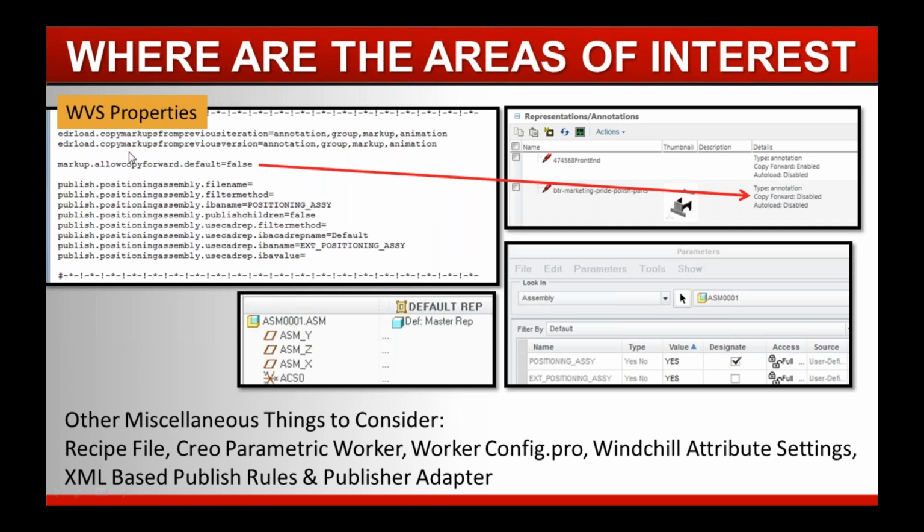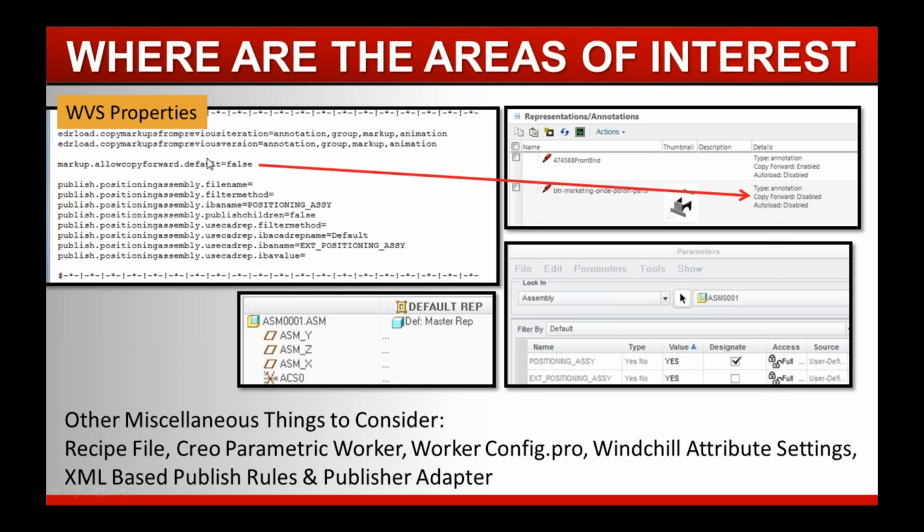And right now, with the current out-of-the-box configuration, you can't do it because this setting applies to both drawings and assemblies. It's either all on or all off. So I've got enhancement requests out there to hopefully be able to fine-tune that, so that I can have copy forward disabled on drawings and copy forward enabled on assemblies.